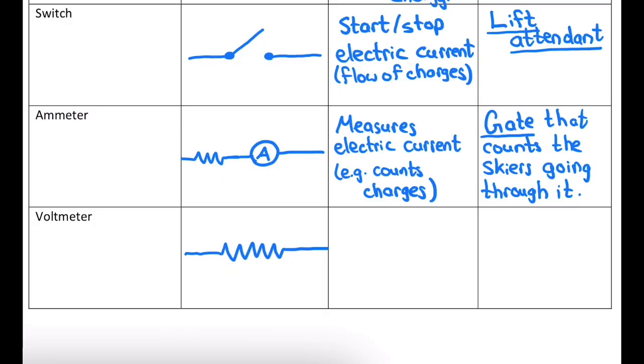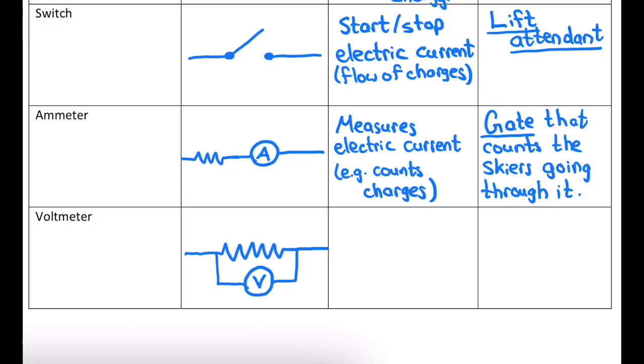And the way a voltmeter is hooked up is we sort of attach it to both ends of the device where we're trying to measure the difference in potential energy.